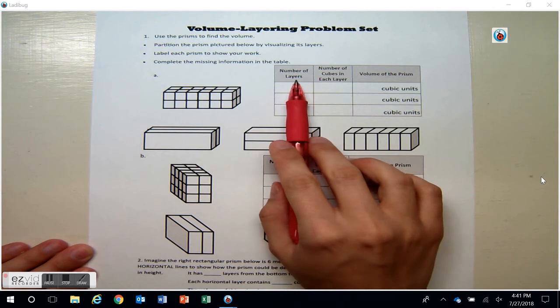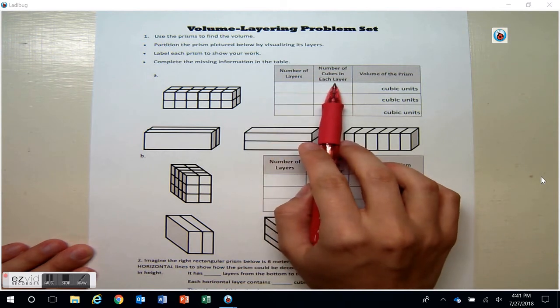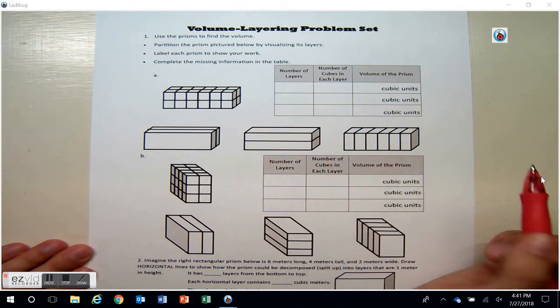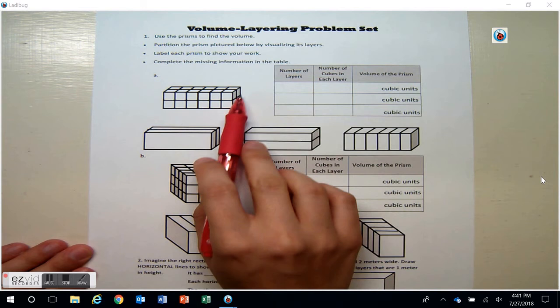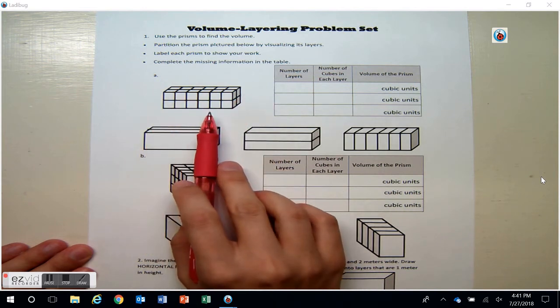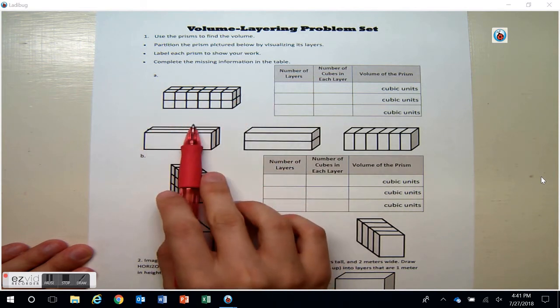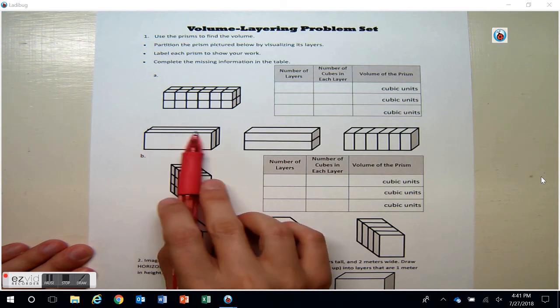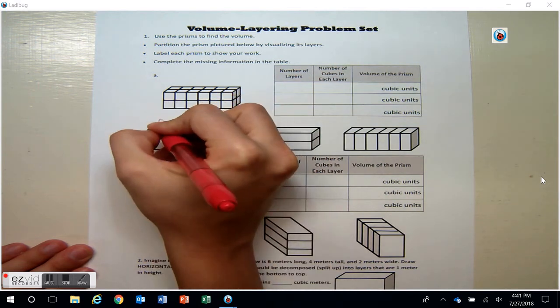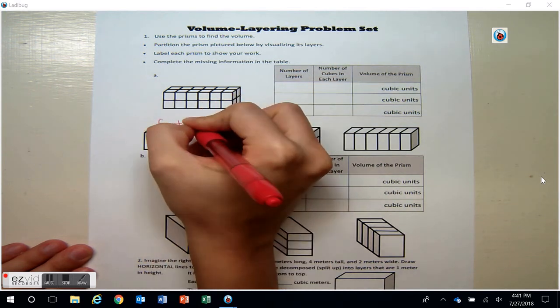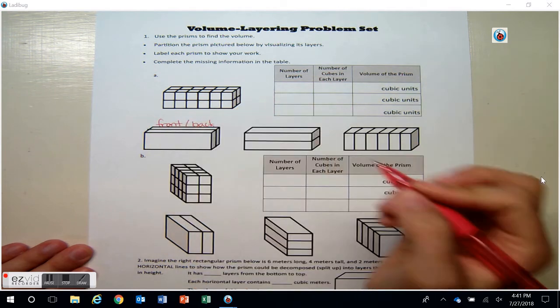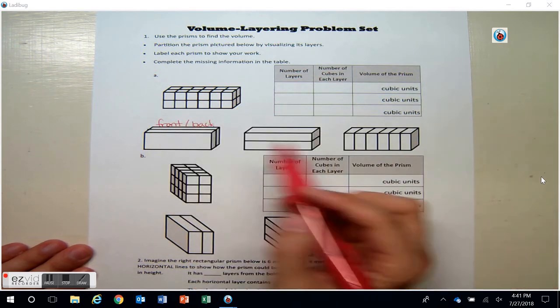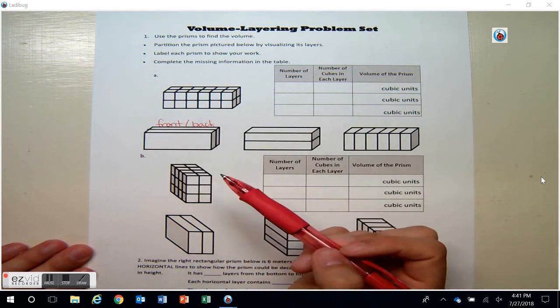Complete the missing information in the table. So here's our table: number of layers, number of cubes in each layer, and the volume of the prism. Well, I'm looking at this prism here, and I'm going to partition that same prism, split it up into 2 layers. Here we're using a front and back way of splitting it up.